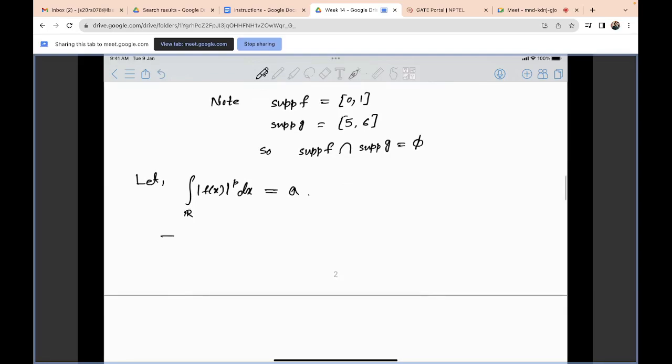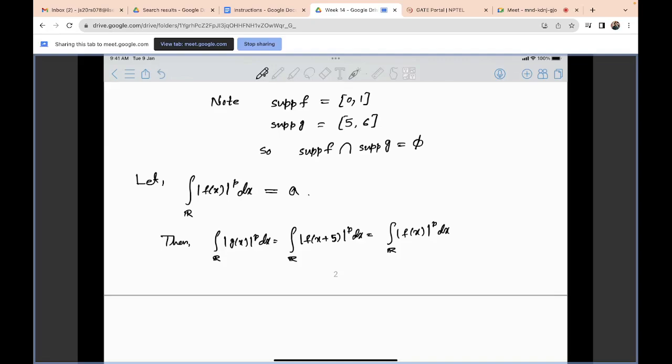Then what will be the integration of g? This is just the translation of f by 5. Because the Lebesgue measure is translation invariant, you can change the variable x goes to x minus 5, and you will get basically the integration of f.